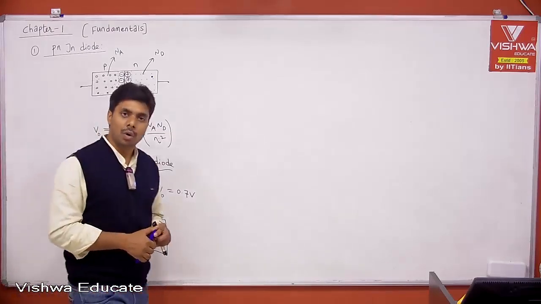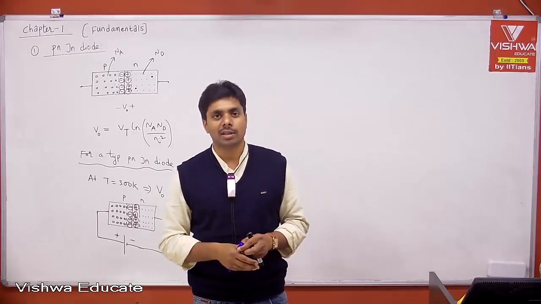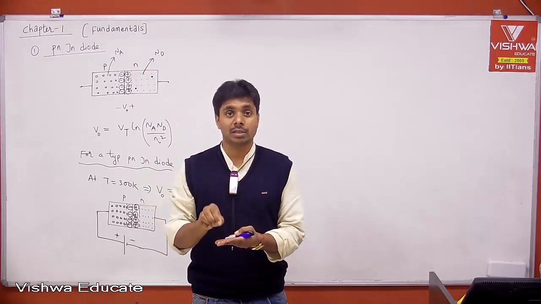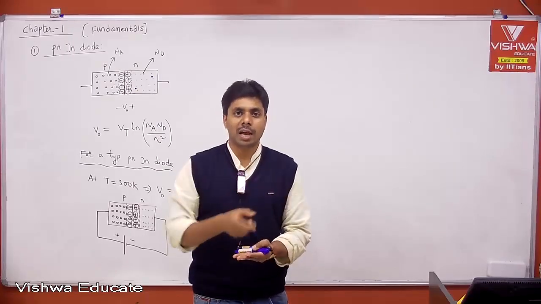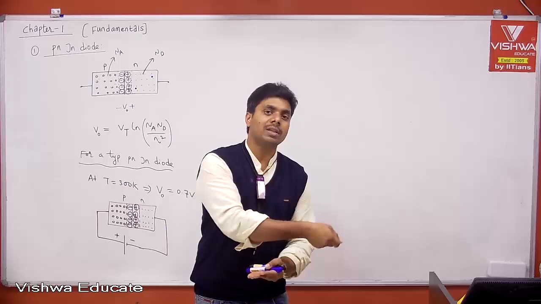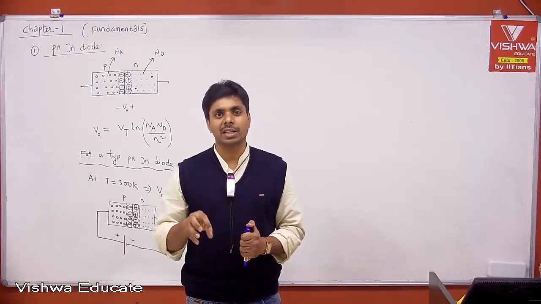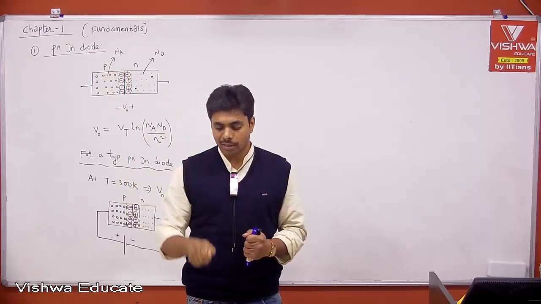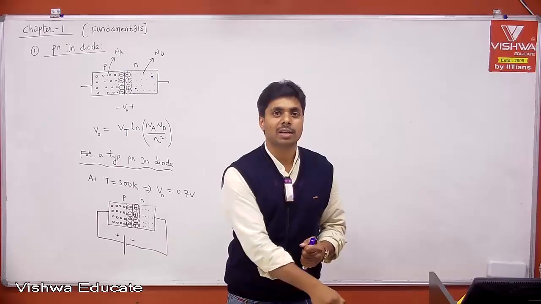Physically, there is nothing called a hole. A hole is the absence of an electron in the valence band. An electron can occupy that vacant state and move from one vacant state to another. That is valence electron movement, which is hole movement.